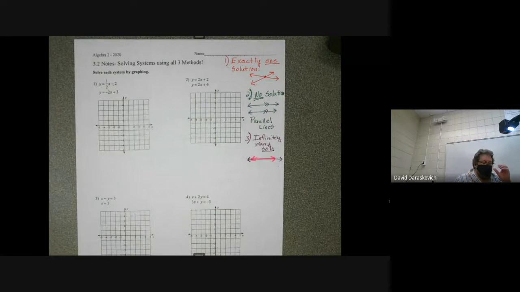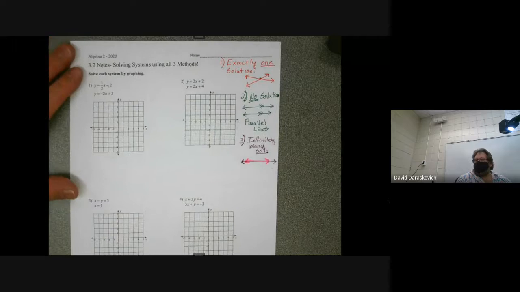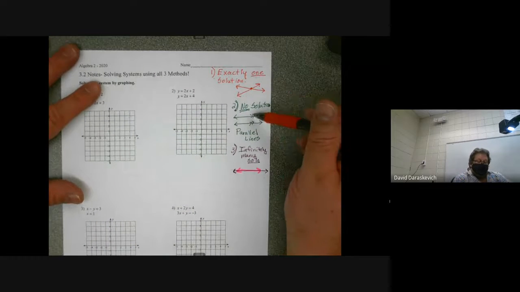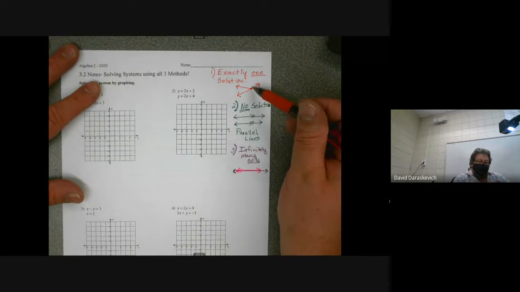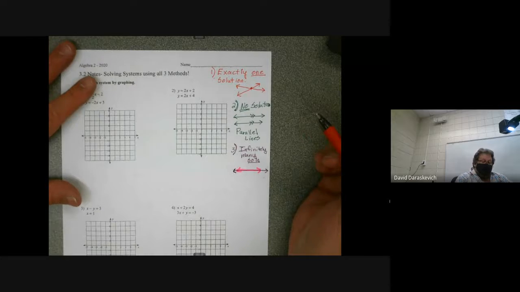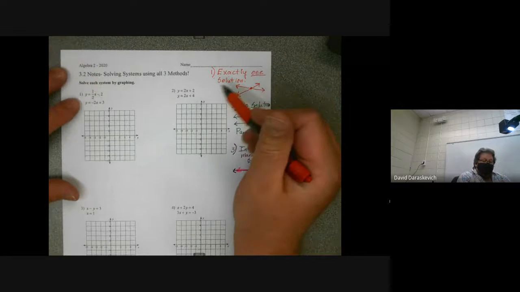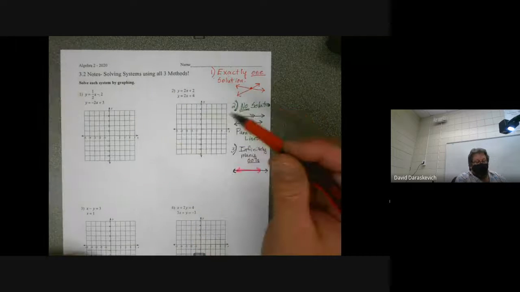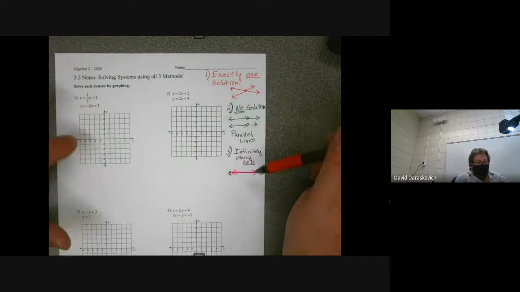Now, again, let's go back and think about this a little bit. We get the visuals from the geometry of two lines. Algebraically, we're going to solve these two equations. Well, one way is graphically, that's the visual.